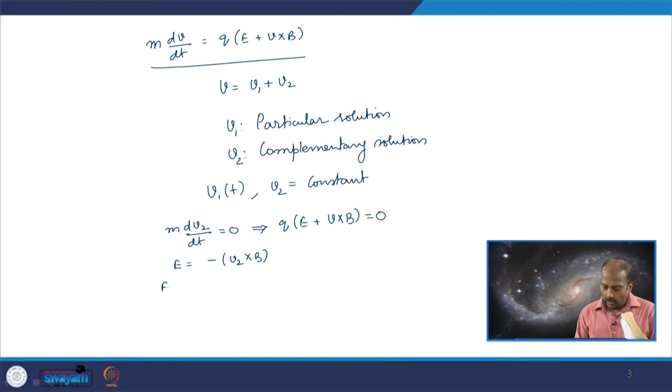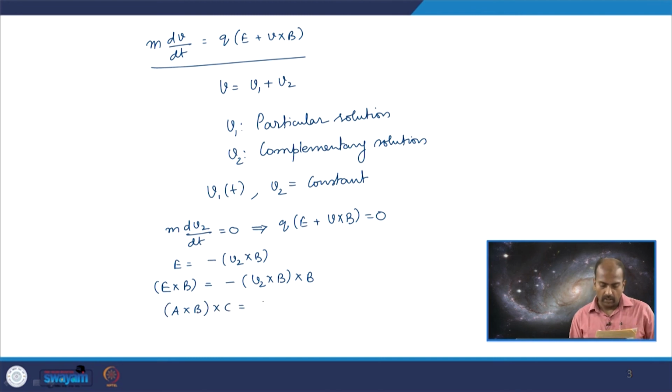Let us take the cross product of this with B, minus V2 cross B, cross B. Now, we have a vector triple product which is like A cross B cross C, which is to be written as B times (C dot A) minus A times (C dot B).